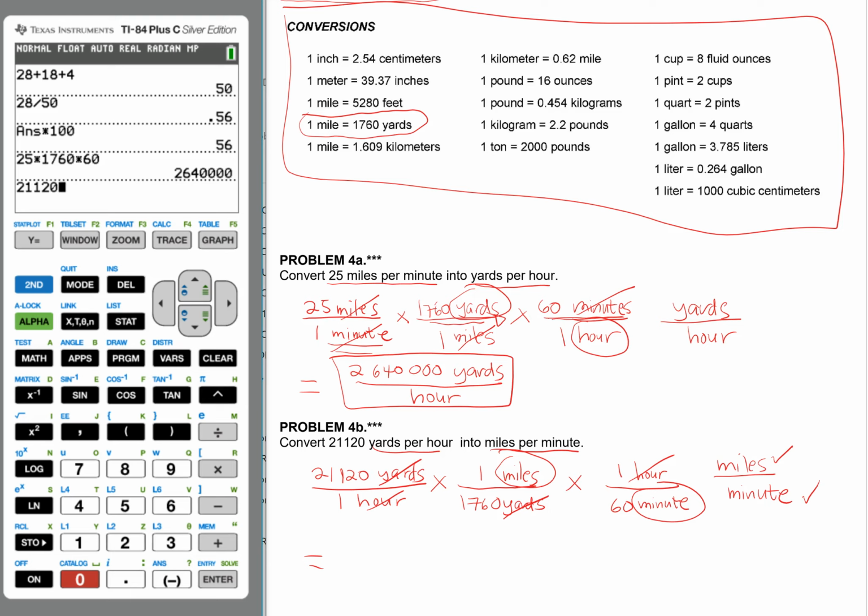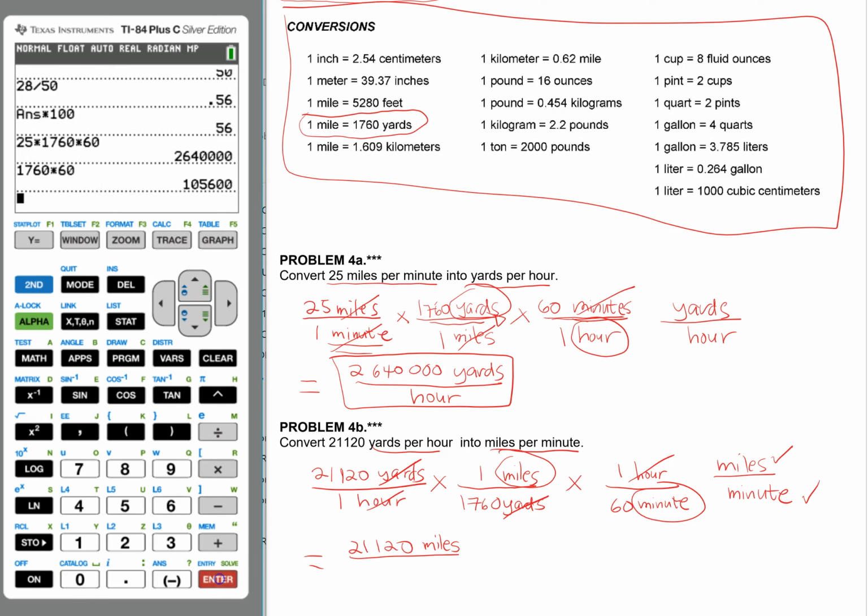So the top would be 21,120 miles over, and the bottom numbers you just multiply, 1,760 times 60.